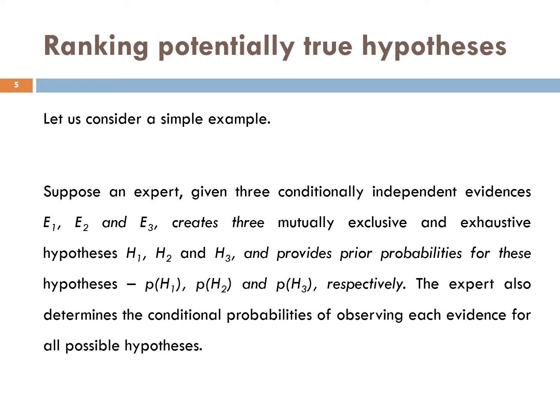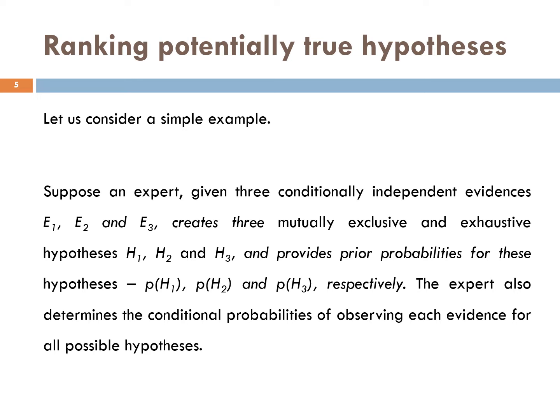The conditional probability of the evidence is based on how we observe the evidence for the possible hypotheses. For example, observe evidence one and given all the possible hypotheses, what is the probability of hypothesis one, hypothesis two, hypothesis three?